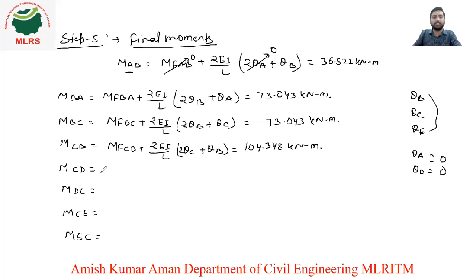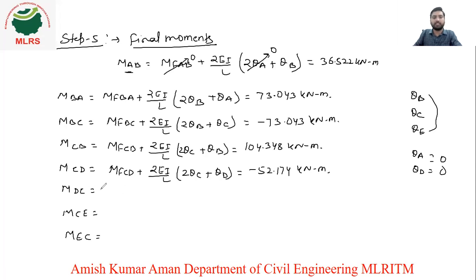Next, coming to MCD, it will be MFCD plus 2EI upon L into 2 theta C plus theta D. If you calculate, you will get minus 52.174 kilonewton meter.